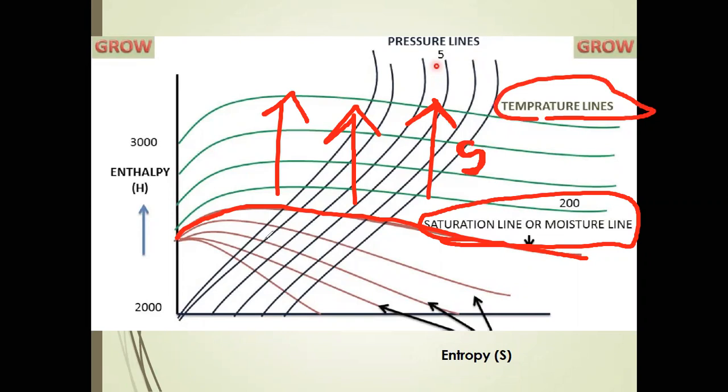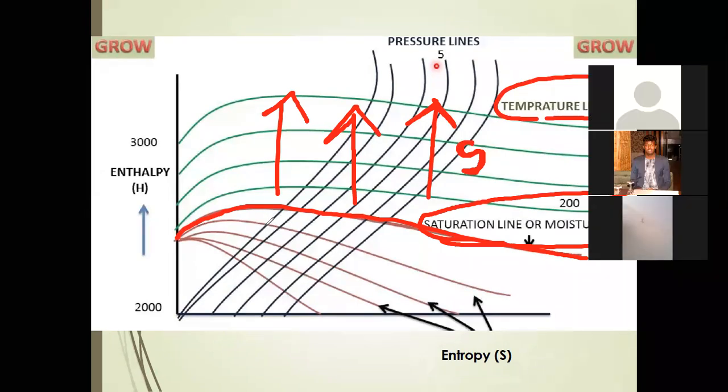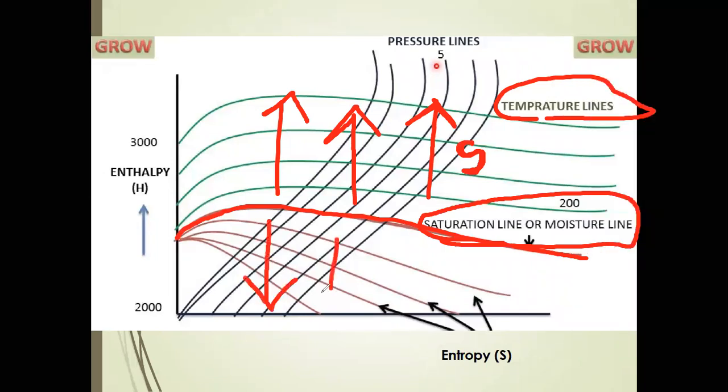And below this line of saturation, the whole region is known as the wet steam region. That means the dry steam line is basically the border.